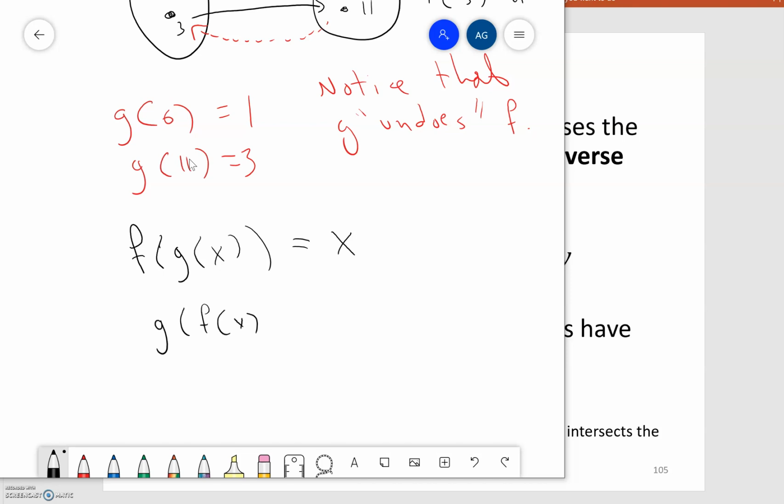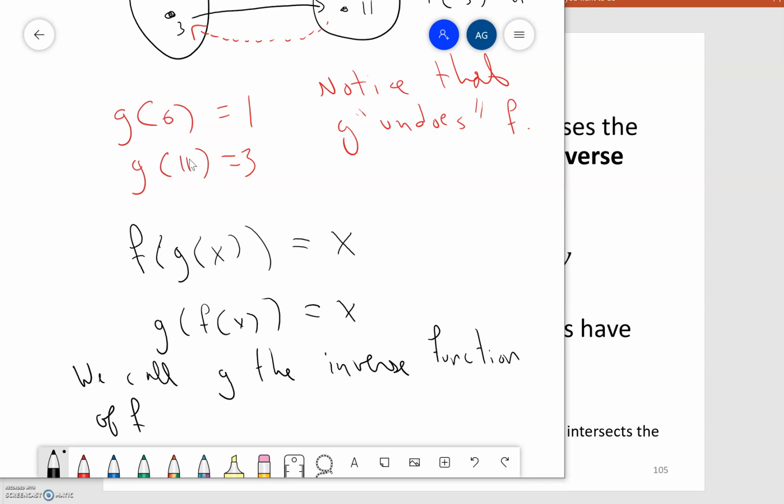g of f of x also gives me x. So these functions completely undo each other. And in this case, we call g the inverse of f, the inverse function of f.